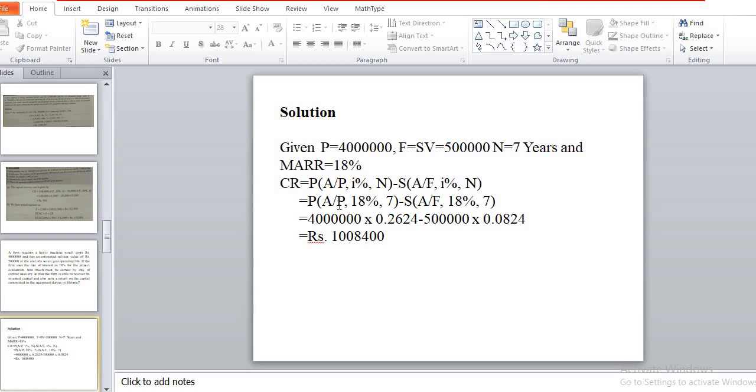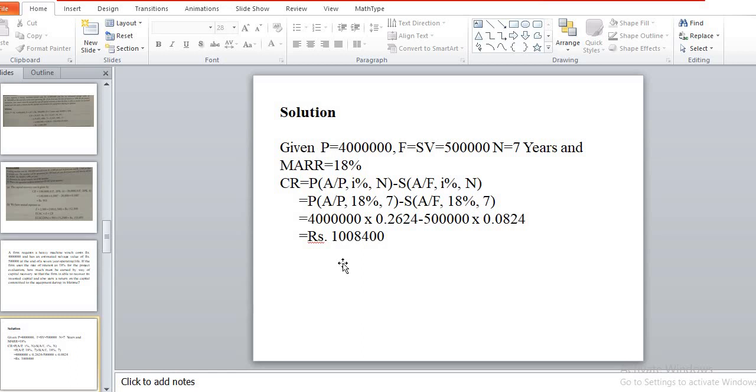We find the capital recovery factor and sinking fund factor at the interest rate of 18% for 7 years. The capital recovery factor comes as 0.2624, and the sinking fund factor comes as 0.0824. By putting these values into the equation, we get the capital recovery CR.